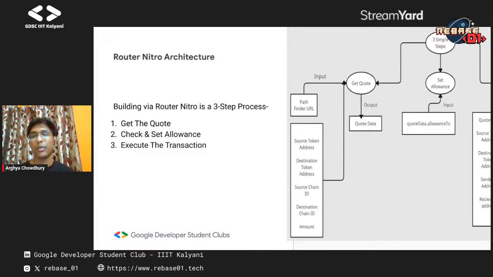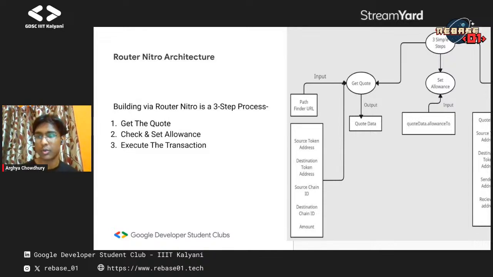For this, you can check whether the allowance is lower than what is required, and if it is, then Router Nitro asks to withdraw tokens from your wallet, and then you can set it up. This whole set allowance process works, and you're getting a transaction ID, a hash ID. Now you can do the transaction.